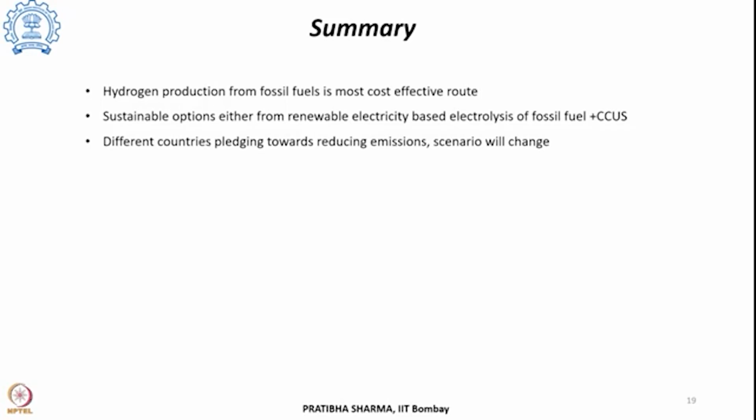Now, there are several advancements going on globally. Different countries are coming up with their road maps, their strategy documents, they are pledging towards reducing the emissions, and it is expected that the scenario will change in future.